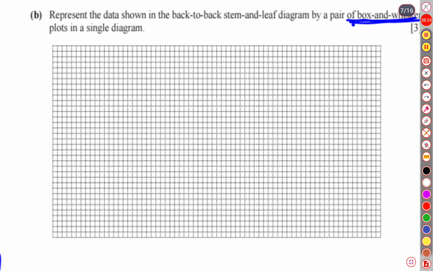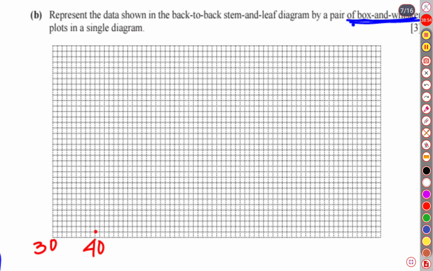We can avoid 1000. It's 30. So after 10 it will be 1, 2, 3, 4, 5, 6, 7, 8, 9, 10, 11, 12. That is 10. Here we can write 40. This is 40. After that 50.